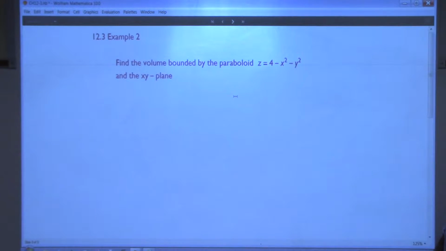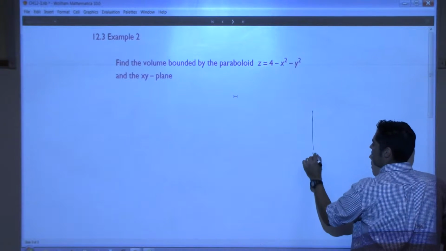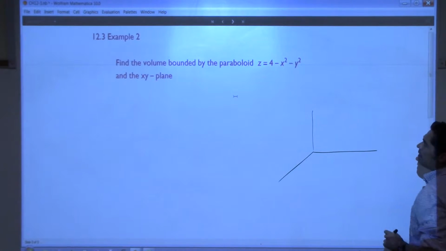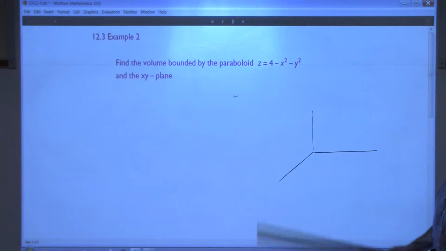So if I were trying to get an idea of what this looked like three-dimensionally, right? If I'm trying to graph that in 3D, if x and y were both 0, my z would be what? 4?